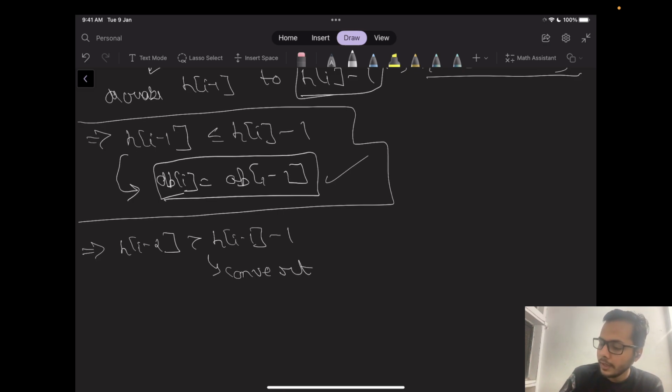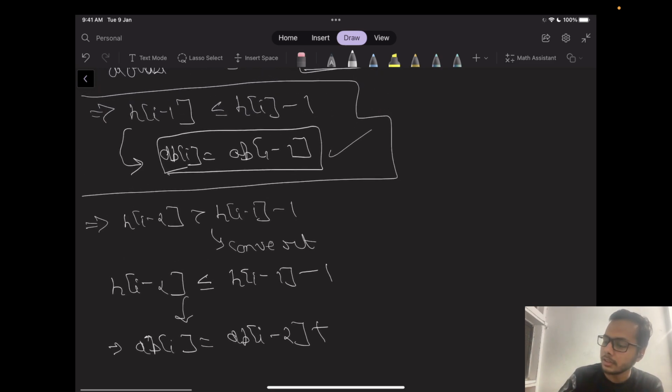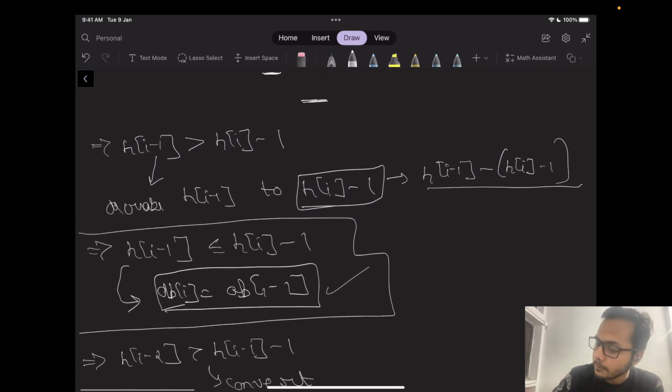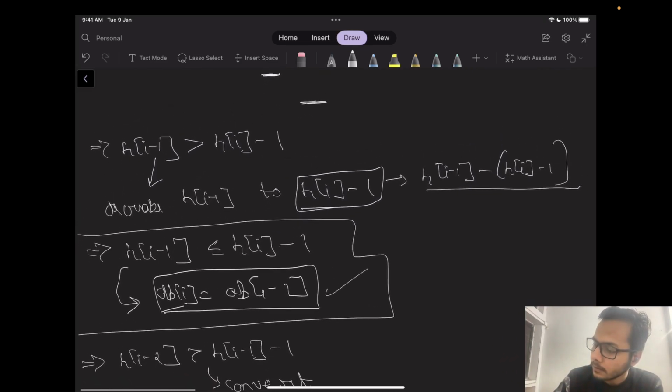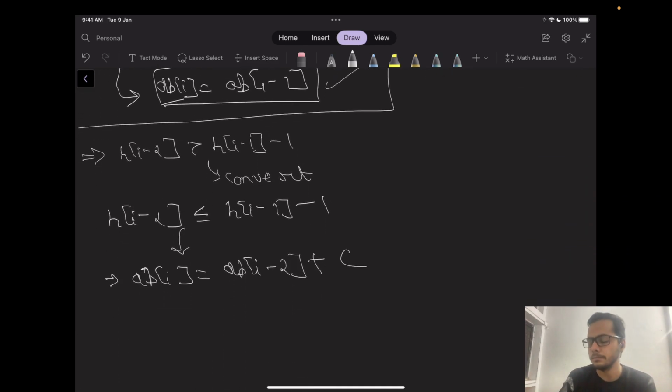But if you find out that h of i minus 2 is less than or equal to h of i minus 1 minus 1, then you can just end your search here and you can say that dp of i is going to be dp of i minus 2 plus, remember that you are converting the i minus 1th number, so let's say this cost is C. So dp of i is equal to dp of i minus 2 plus C.